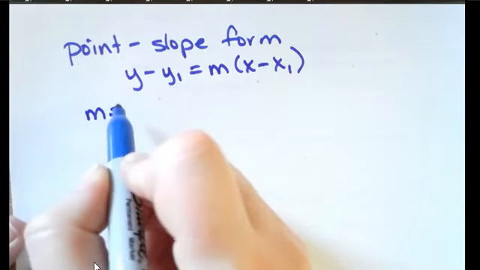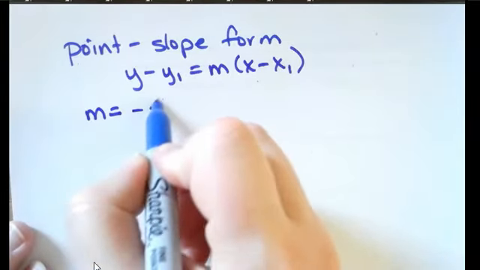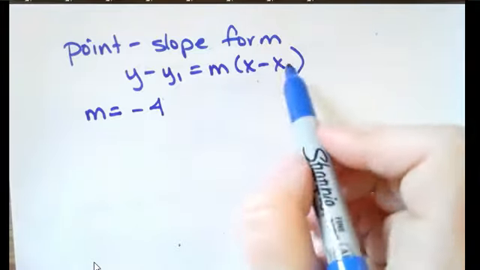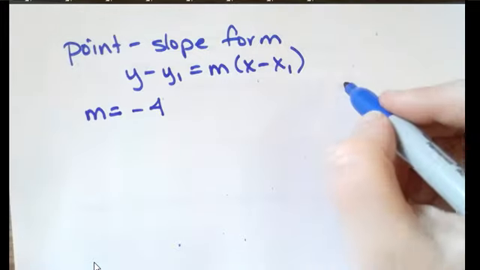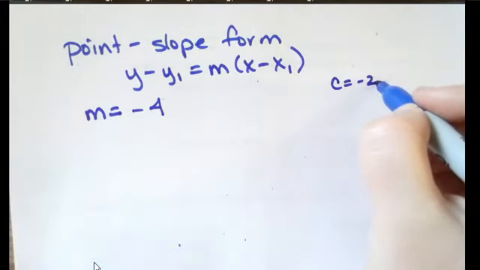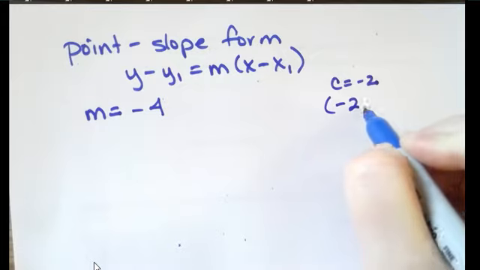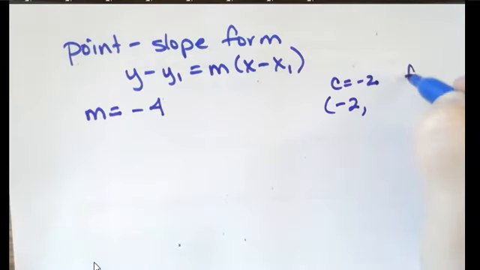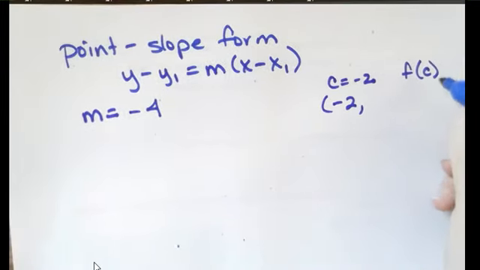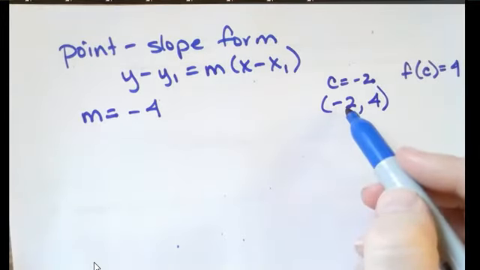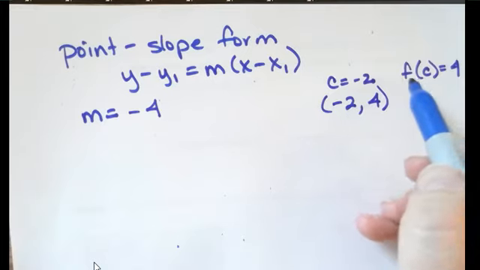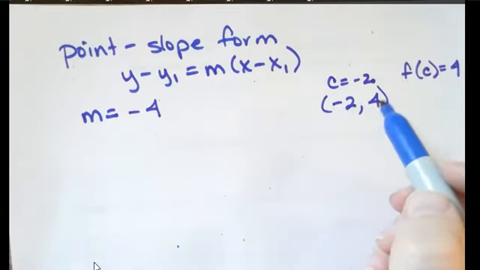Well, we already know the slope for this problem is -4. And our x1, y1 values is the point that we want it to go through. Well, they told us that c is equal to -2, so that's going to be our x1 value. And if I find f of -2, that gives me 4. That's my y value. So you can always plug your x value into your original equation to get the y value for your point.